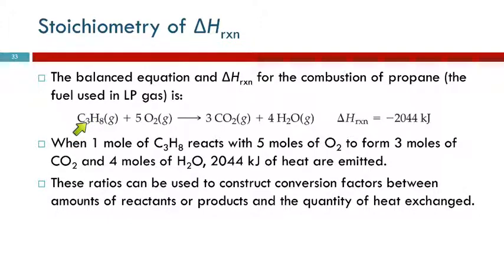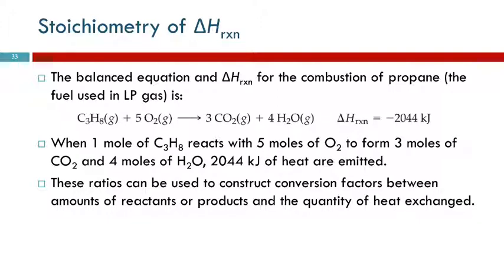So here is propane, the main component of LP gas, liquefied propane. Propane combusts with oxygen to form CO2 and water, and here is the energy involved. 2,044 kilojoules are released, that's what the negative sign says, when 1 mole of propane burns.